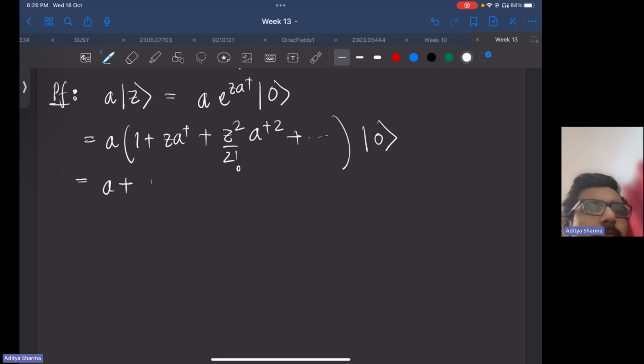This A acts on A dagger. Z square is just a complex number, and A doesn't operate on Z, so it will just pass through.